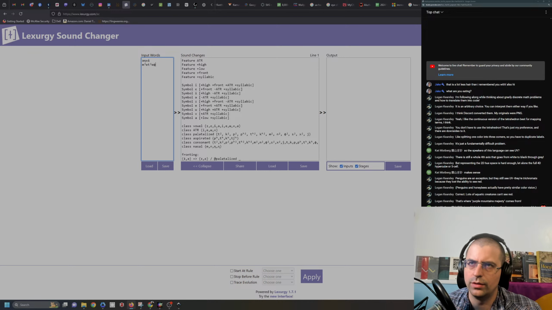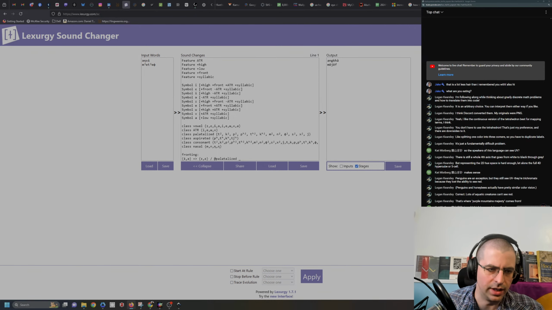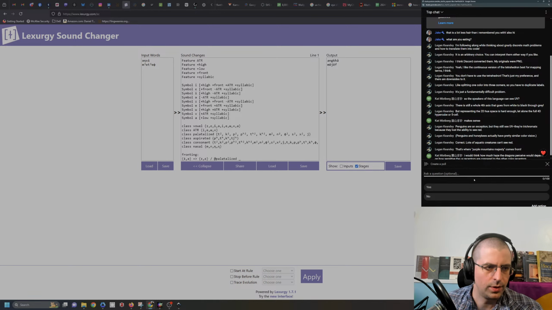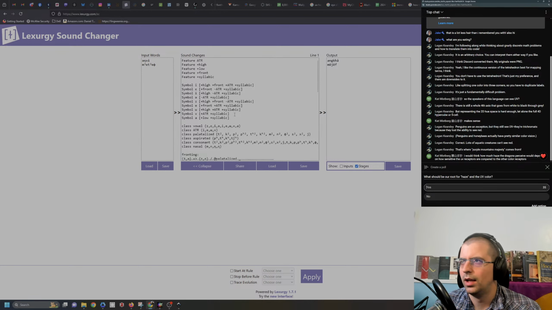Here, I think these two are pretty cool. Right. So let's put this to a vote here. So what should be our root for haze and the UV color?